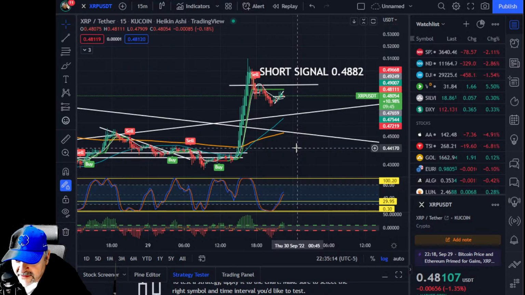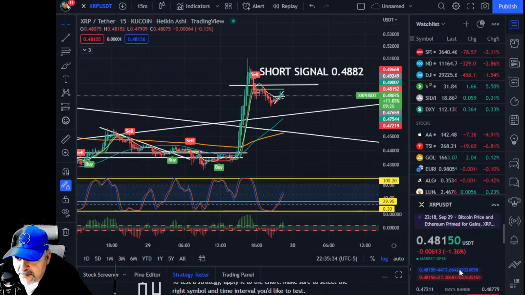Leverage is when you do something like margins or futures, and you use something like a 10x or a 20x. And all that means is you're getting 10 times your money, or 20 times your money, or 30 times your money, or 40 times your money. So if you're getting 10 times your money, that means if a coin moves, like you see a coin right here has a 1% movement. If a coin moves 1% and you have a 10 margin on it, that means that 1% is actually 10%.